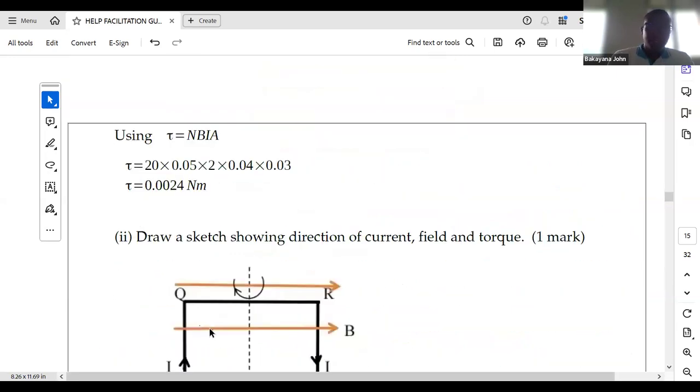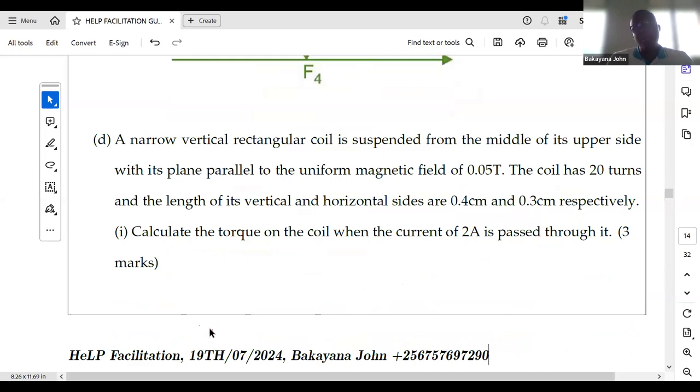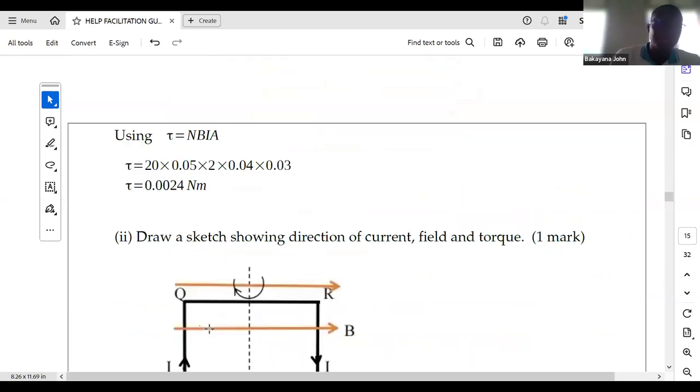Okay, so now they're asking about that very formula, where our torque is N B A I cos theta.